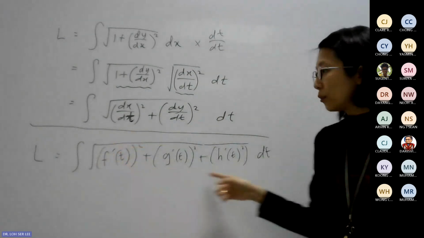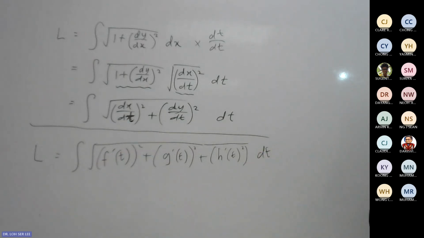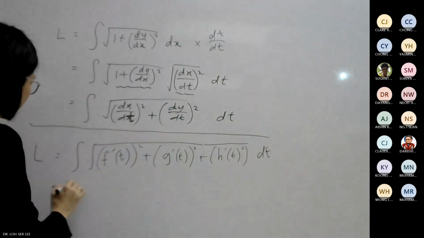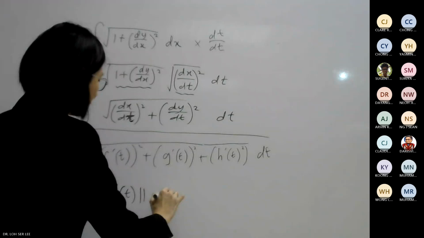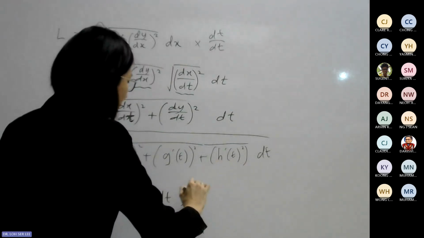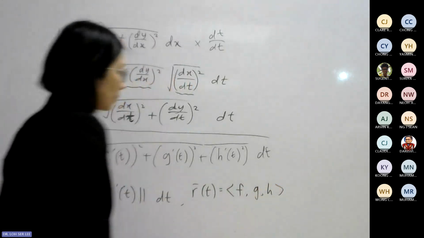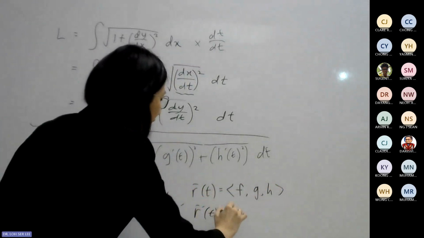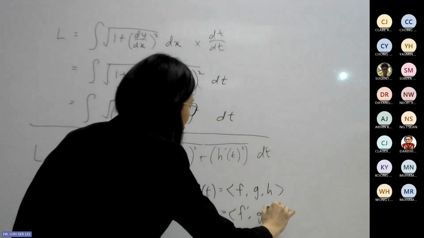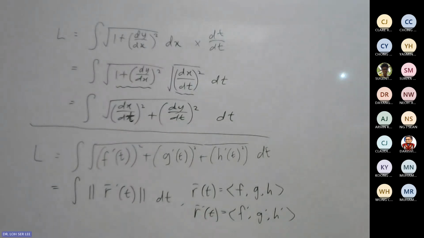But if you look at this formula, what does this represent? This is actually the formula for the magnitude of r prime, right? Because your r is f, g, h, so your r prime will be f prime, g prime, h prime in terms of t.